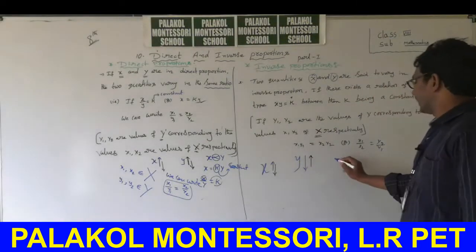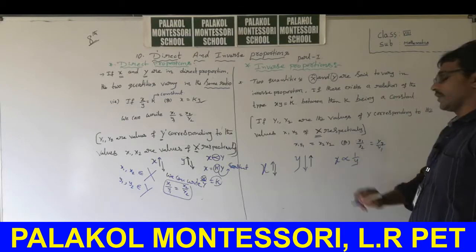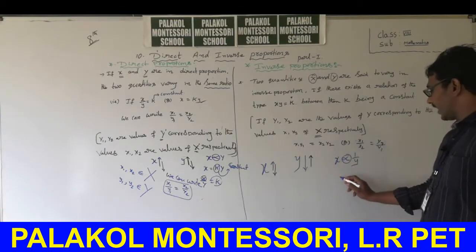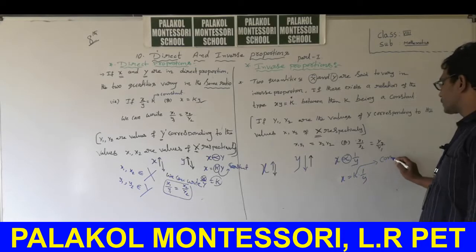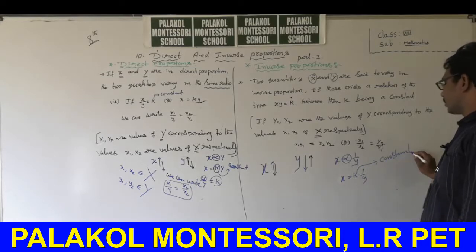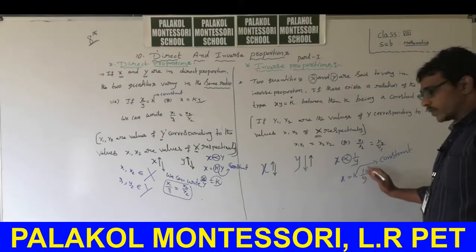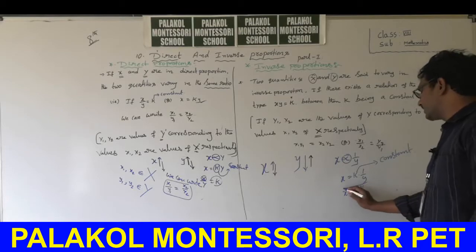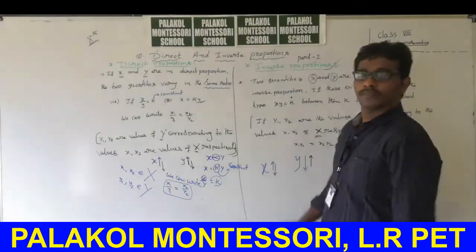How? x is inversely proportional to 1 by y. Is it clear? So x is equal to k into 1 by y. What is the meaning of k? Constant. Here y is in the denominator, so cross multiplying, xy is equal to k. It indicates the relation of inverse proportion.